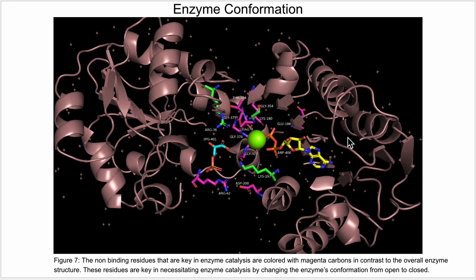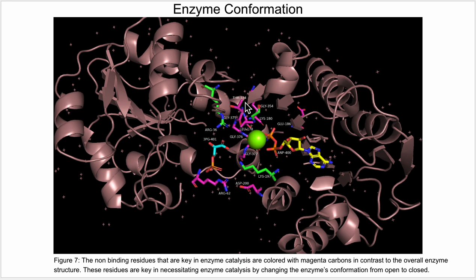Initially, there is a bending of the helix between leucine 178 and lysine 180, causing the salt bridge between lysine 180 and glutamic acid 186 to break, and this unlocks the open conformation of the enzyme.